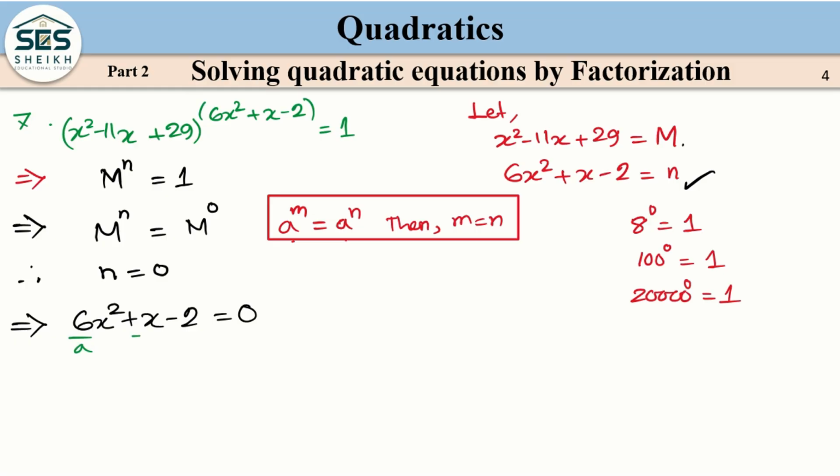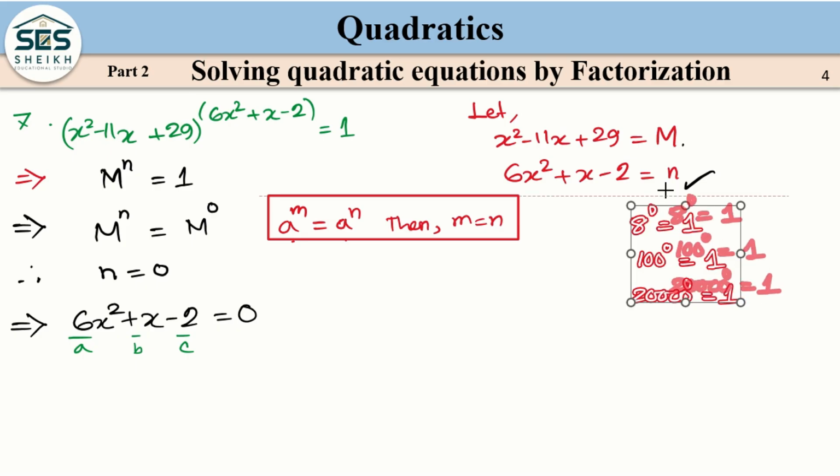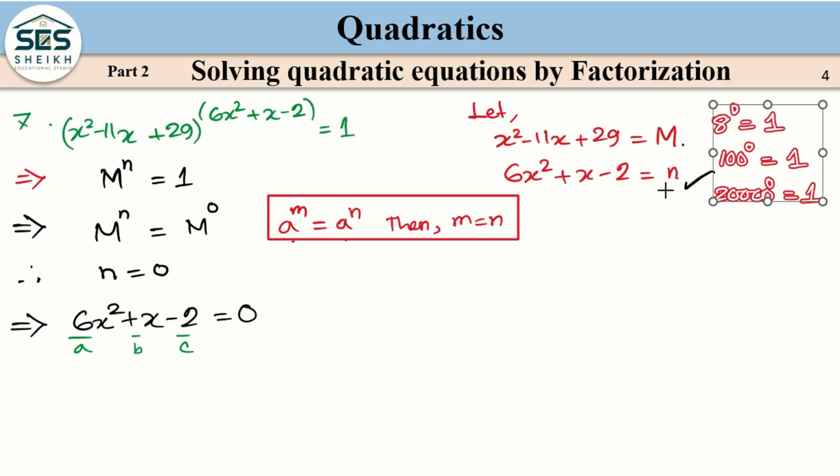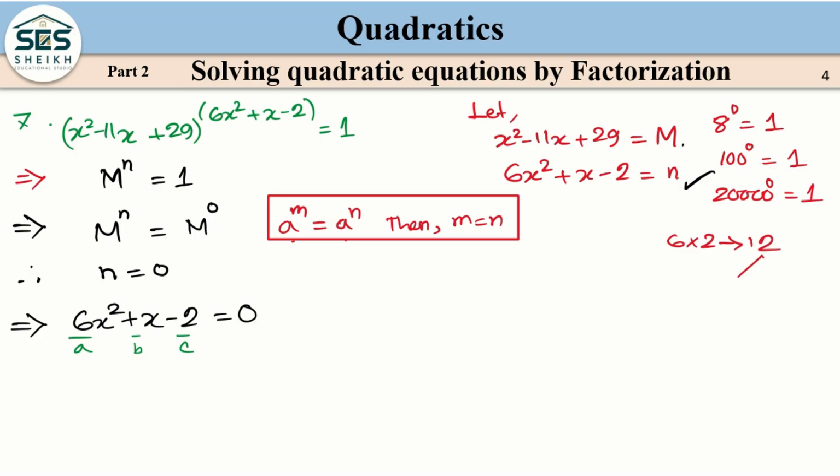This is our a, our b, and our c. Six times 2 is 12. We need to divide 12 into 2 parts so that we get plus 1. So it's easy. 3 4s are 12, so 4 minus 3 is 1.